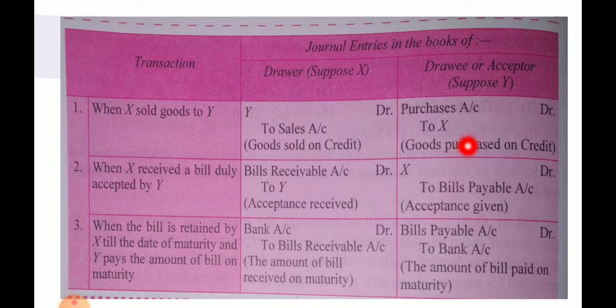Now, second, in the books of the acceptor, that is Purchases to X: Purchases account debit to X's account. X is debited here to Bills Payable, because X got a bill receivable, that is an asset for him, and to Bills Payable because Y got a liability, and Bills Payable account debit to Bank.